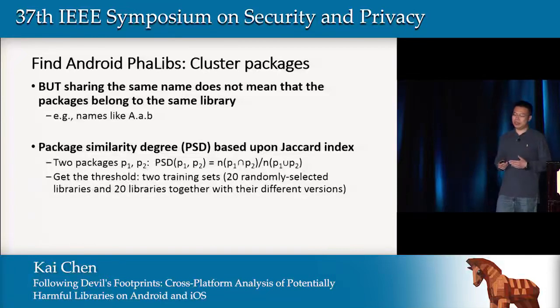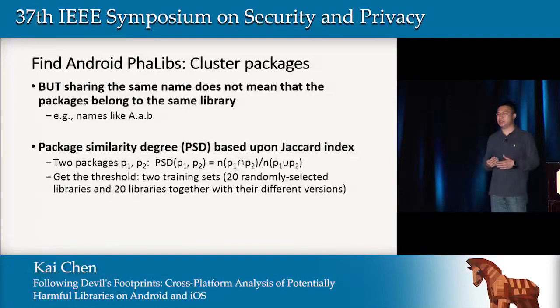For example, names like A.A.B are obfuscated versions. So our idea is to cluster them using package similarity degree (PSD) based on the Jaccard index. It's a ratio of the number of shared methods between these two packages to the number of methods of these two packages.